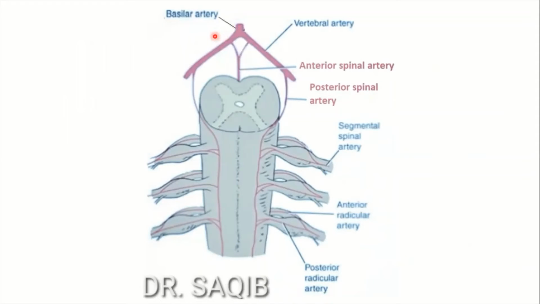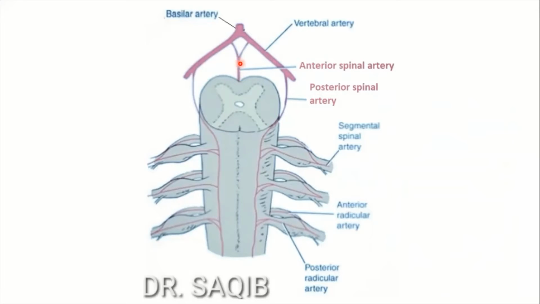So here you see this is the basilar artery and this is the vertebral artery. These two vertebral arteries form the basilar artery. The vertebral artery takes its origin from the subclavian artery, and this is the anterior spinal artery, formed by the union of two arteries, each one coming from a vertebral artery, making one anterior spinal artery.